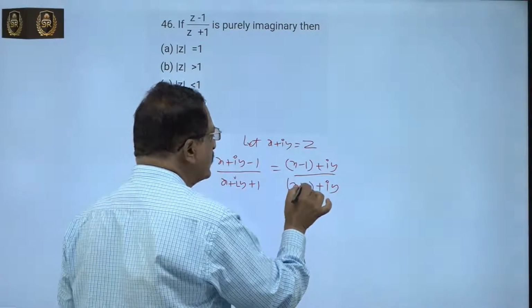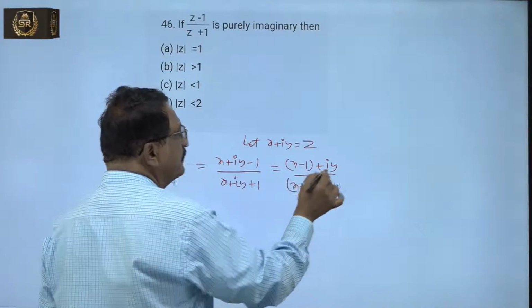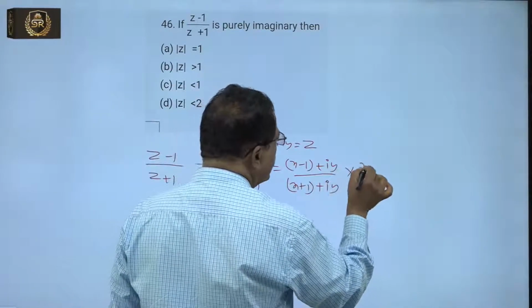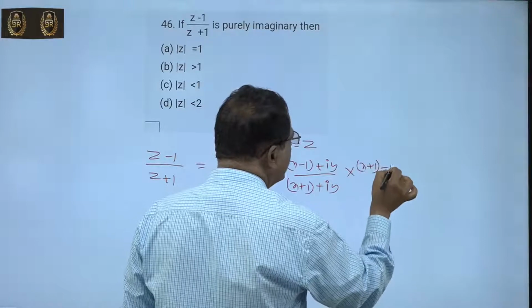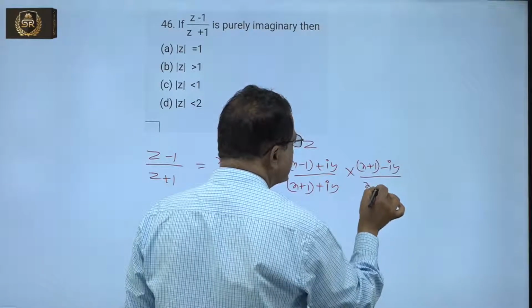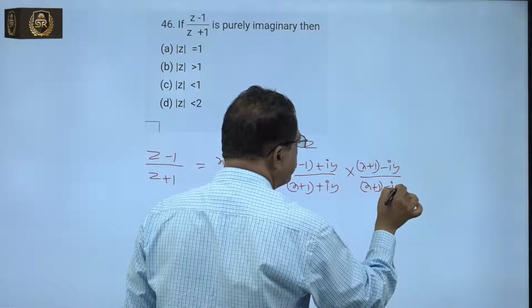Now, using the rationalizing factor, the conjugate of the denominator, we multiply and divide by (x plus 1 minus iy) by (x plus 1 minus iy).